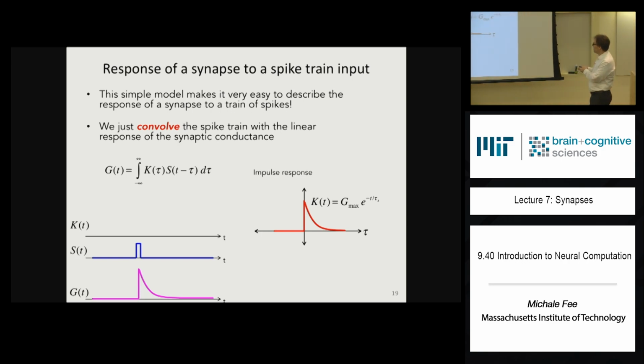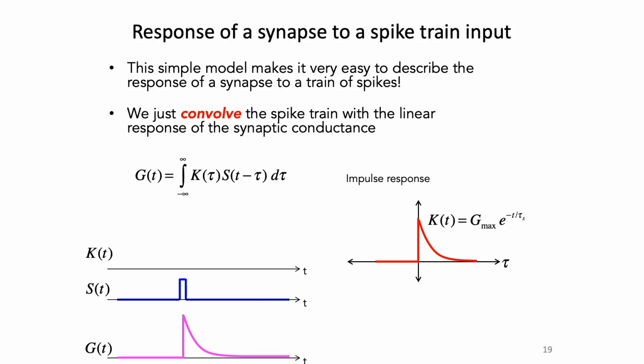So the way to think about this is to take the kernel, K, flip it backwards and plot it there. Now notice that what this does is integrate the product of the kernel and the stimulus.